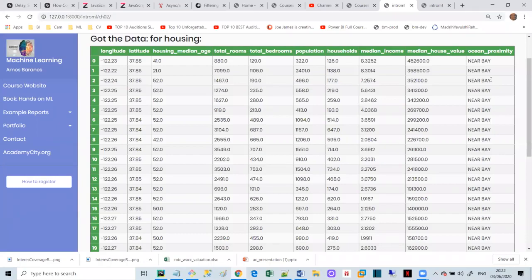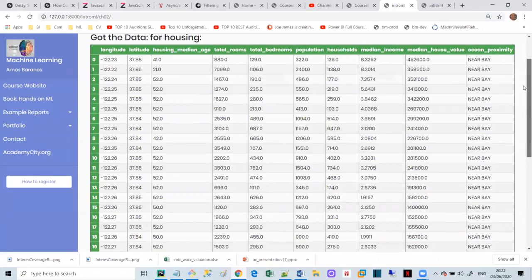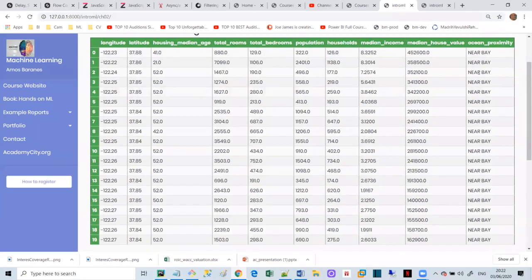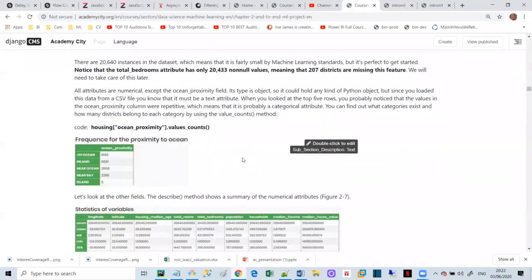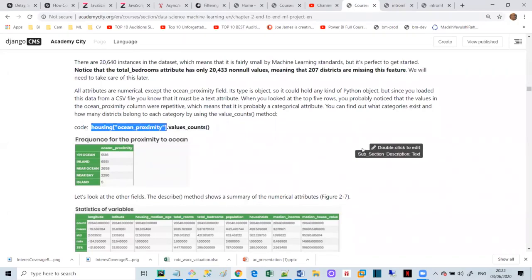So I would like to know which kind of categories exist. Here I didn't print all of them, so I only see the nearby ones, because it will take a lot of time to see them all, and I'm not going to scroll through almost 21,000 data points. So what I can do is run a command. The housing is my data frame. In the previous sessions, when we studied Python, if I don't want the whole data set and only want one column, this is the way I get that specific column.